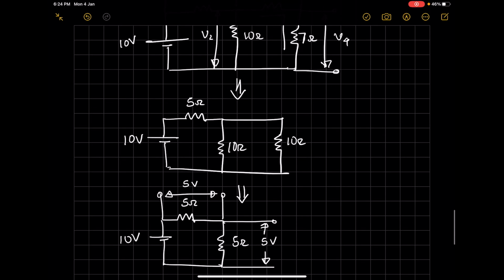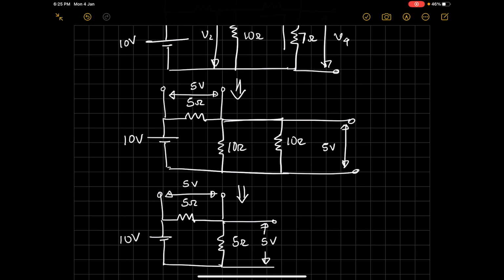Therefore, in the previous circuit, the voltage here is 5 volt and the voltage here is 5 volt.